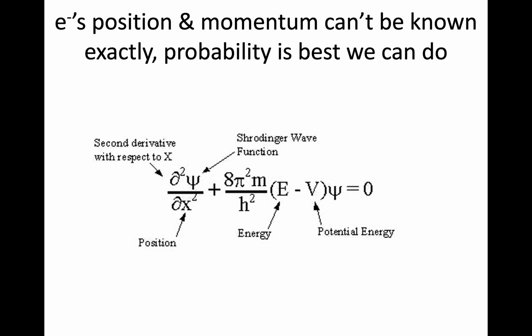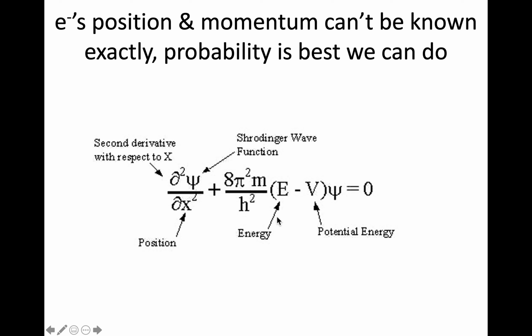The last thing I'll mention in this review on atomic structure is the Schrodinger wave equation. This is usually covered more in a quantum mechanics class, and we won't do too much with it because it's a second order derivative, and there's a lot that goes into solving it.